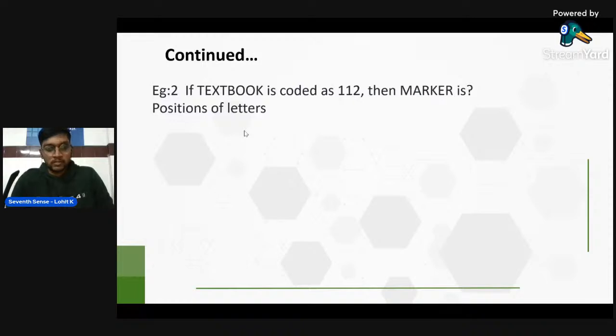So what is the answer for this? If I'm asking a basic question, suppose I'm coding ABCD as 10, what is the pattern I have used here? Skip this question and tell me the answer for this. If I'm telling you that the coded message for ABCD is 10, what have I used here? Just type in the chat box fast.